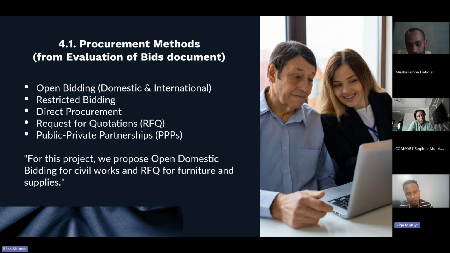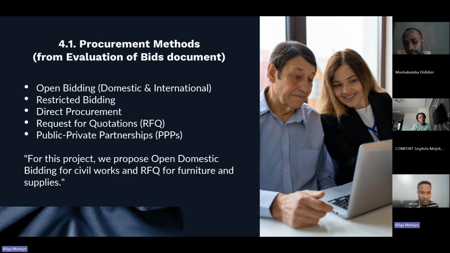Proceeding to the request for quotation, whereby the procuring entity usually requests suppliers to provide prices as well as quotes of services and goods needed for the project implementation. The fifth and the last is the public-private partnership, whereby the government partners with private entities to ensure that the project is being implemented and delivered.